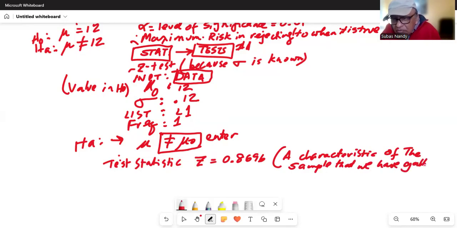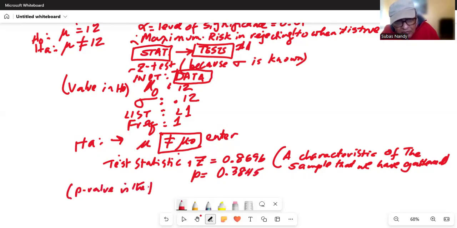Then we look at the corresponding p-value, and the p-value is just below it. P-value is 0.3845. What does it mean? P-value is the probability of obtaining a test statistic.